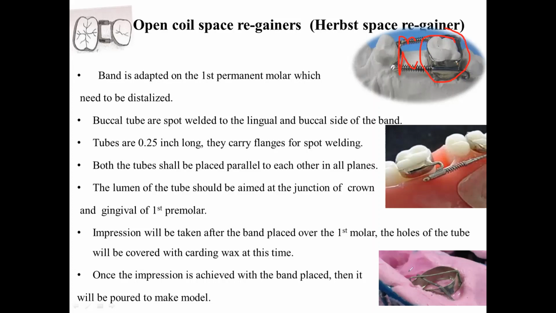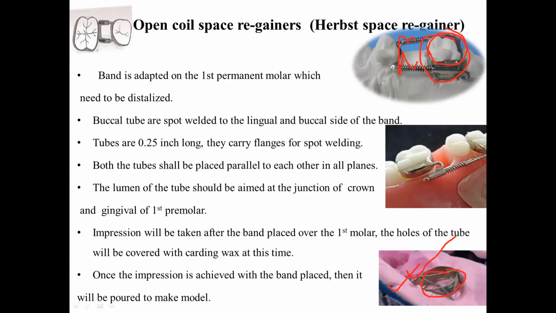Then we take the impression as we normally do to make the model. With the impression, the band will be shifted from the patient's mouth into the impression you see here.